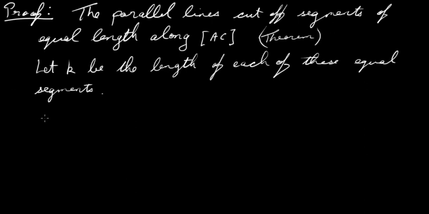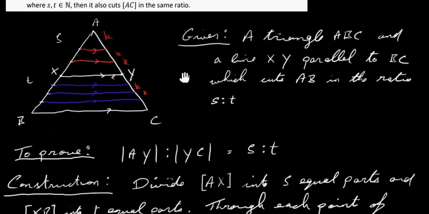So that means then that the length AY is equal to S times K. So the length from A to Y, the length from here to here, is K multiplied by S, because remember we've divided this up into S equal segments, S number of equal segments.